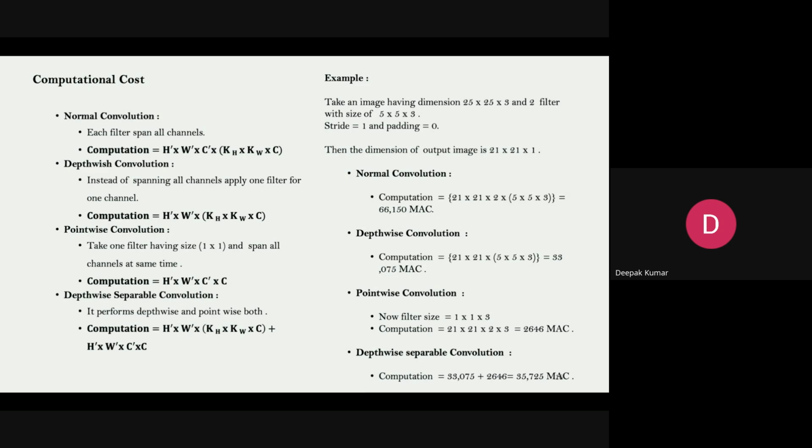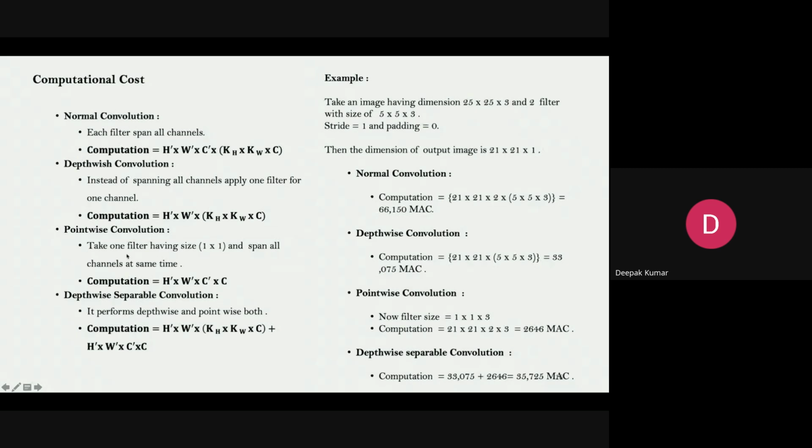66,150 mathematical operations and additions are needed. But on a similar size of image and similar size of kernels, we apply depth-wise convolutions. Now you can see, in depth-wise convolution the number of channels C dash is not involved here, right?